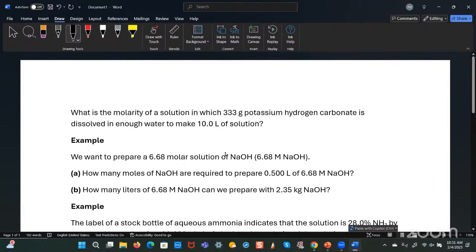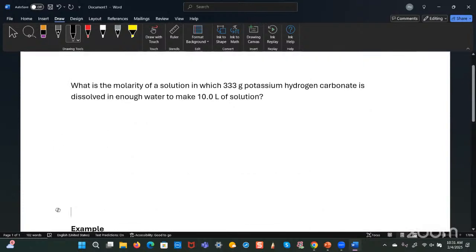It gives you the mass of the solute and the volume of the solution, 10.0 liters.